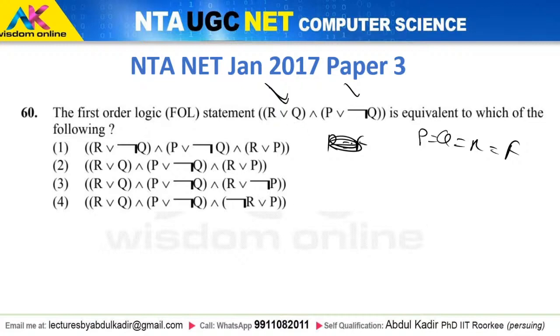So the original formula will become false. Let's check which of them will become false. This will become false, this will become false, this will become false. Anyway, this will not work. Now we have to do something else.